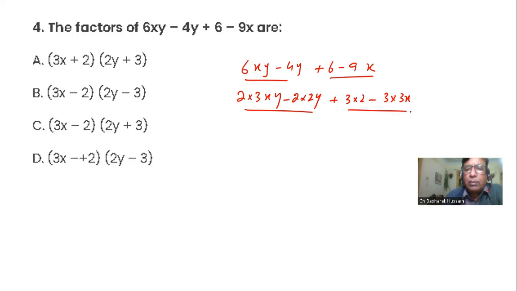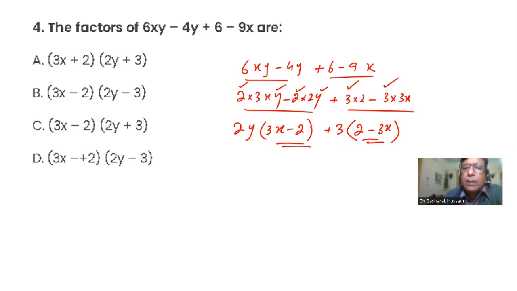Okay. Now we make a pair: 2y, 2y. So take 2y common from both the terms: 3x minus 2. Now here we can take common 3. After taking 3 as common, what is left? 2 minus 3x. Now look at the terms inside the brackets: 3x minus 2, here 2 minus 3x.